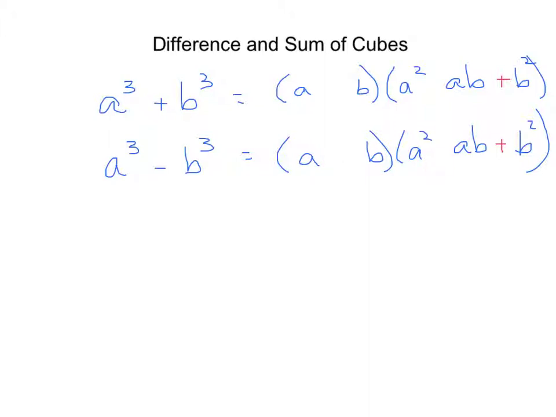And same here. When you have a plus here, you write a plus there. And when you have a minus, you write a minus. So that means that up here you have the opposite of a plus or a minus, and down here you have the opposite of a minus or a plus. So that's how you remember the formulas.